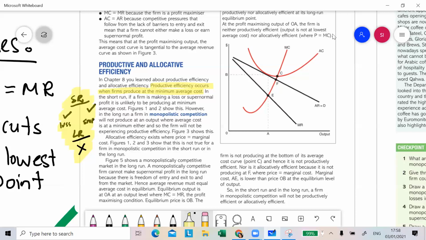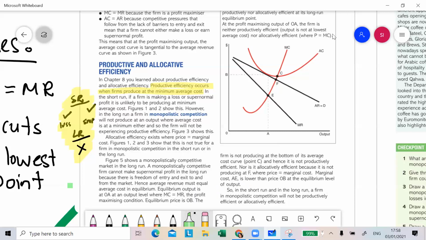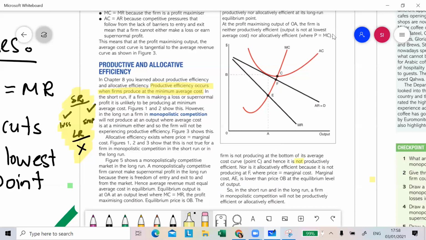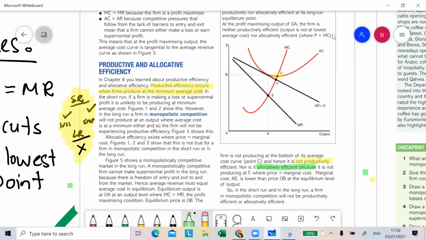So let me conclude the points. The first conclusion is it is not productively efficient. They say it's not productively efficient because it should produce at C, but it is ending up somewhere else. And then they're saying they're not allocatively efficient, because it is not producing at F. And at this point, your average revenue should be equal to your price.